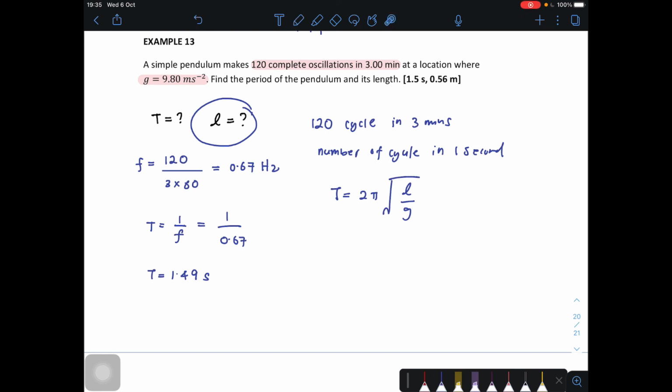Since we already have the value for T, we can find the value for L. And for g here, make sure you use the value given. So 1.49 equals 2 pi square root of L divided by 9.80. So press the calculator, and you will get the value for the length is equal to 0.55 meter.